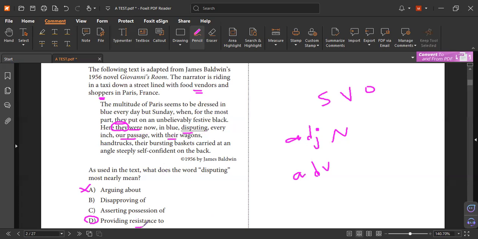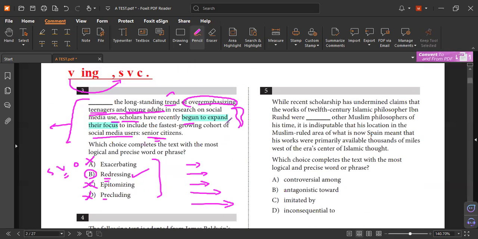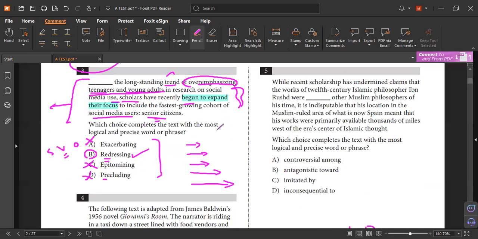They resist. They just like to stop you from programming. So the vendors do not argue with them or disapprove or assert something. So all of this does not make sense. So what helped me is the structure. Here it is a verb, so find the subject and the object to help you. That's why. That's perfect, right? Now number five. Take your time.